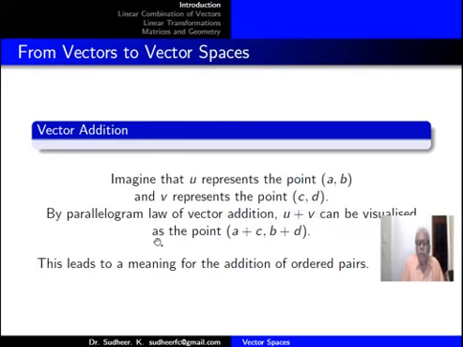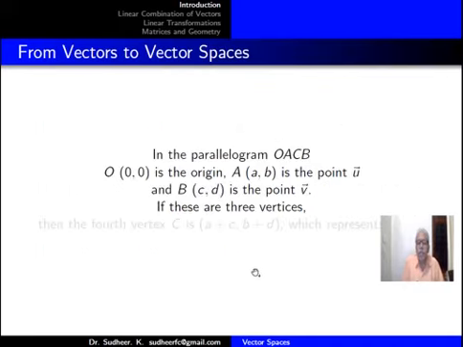By parallelogram law of vector addition, the vector sum u plus v can be visualized as the point (a plus c, b plus d). This leads to a meaning for the addition of ordered pairs. Actually, we observe that the points on the plane are vectors itself.